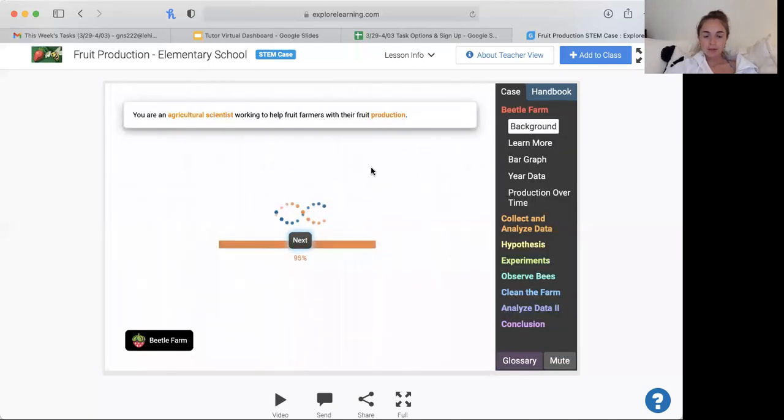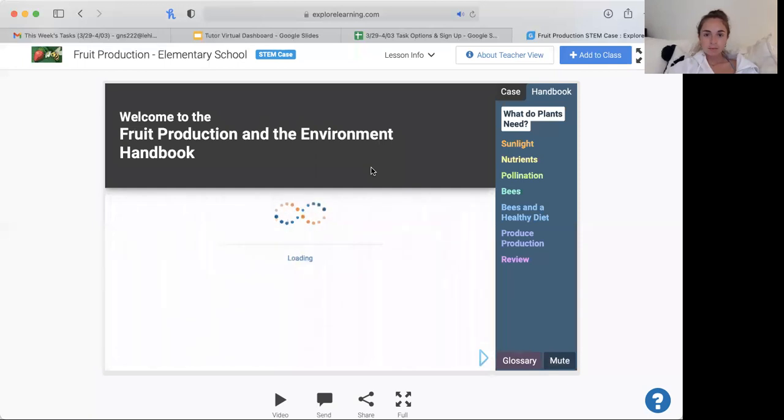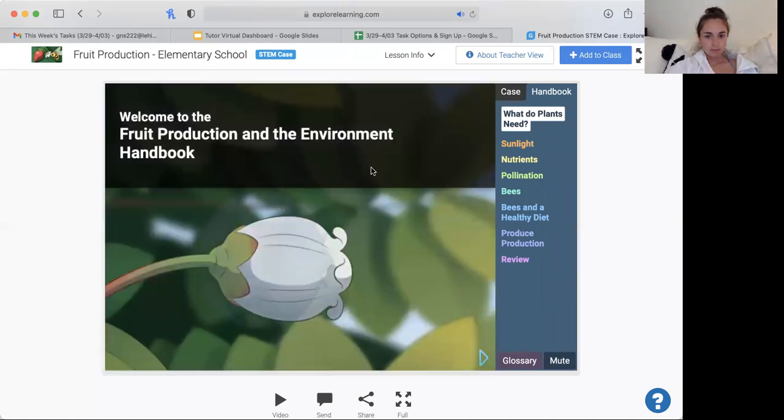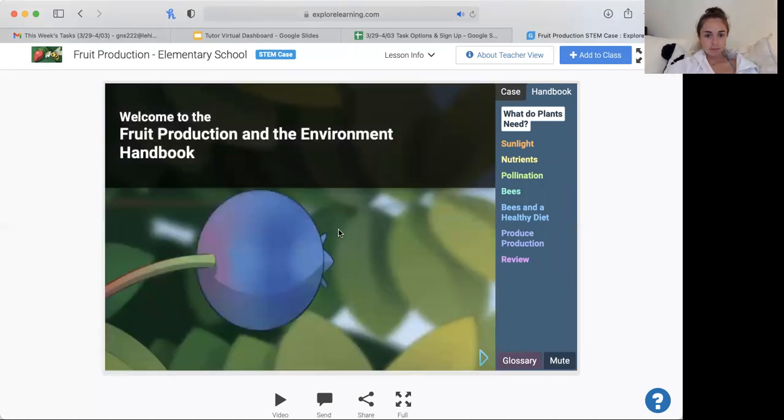Okay, it's loading. So it says plants need sunlight, nutrients, pollination, bees, and a healthy diet for fruit production.